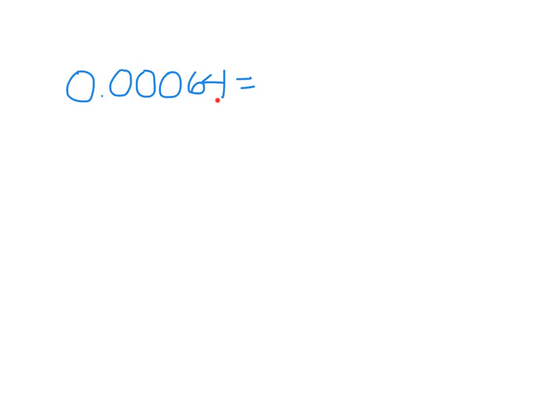0.00064, if we were to write that in fraction form, it would be 6.4 over 10,000, because we want this number being greater than 1 but less than 10.